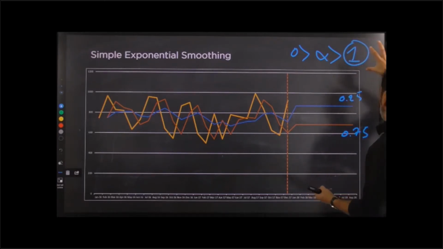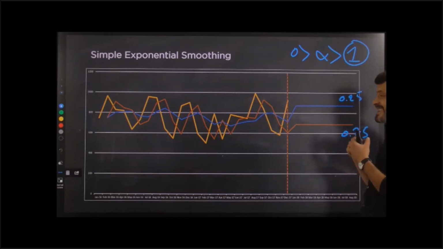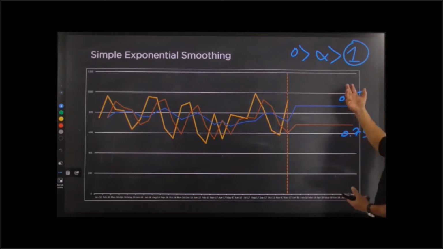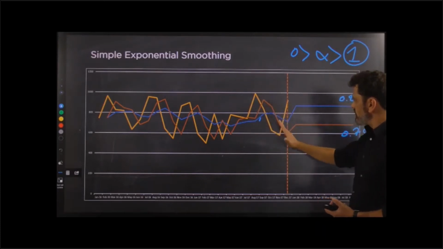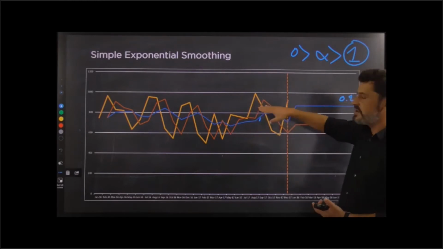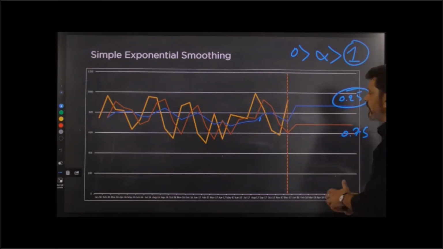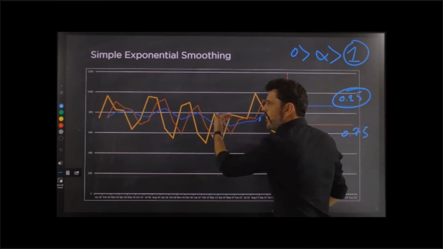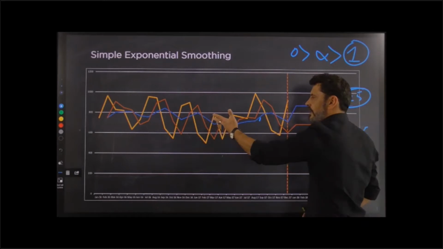It's even so that if I put alpha to 1, my exponential smoothing would behave exactly the same way as the naive forecast. So the more it goes to 1, the more it takes the more recent observations into account, the more nervous it will react to the changes in my demand. The lower I set my alpha, the more smoothing I will have, and the more I will also drag along everything that happened in the past.